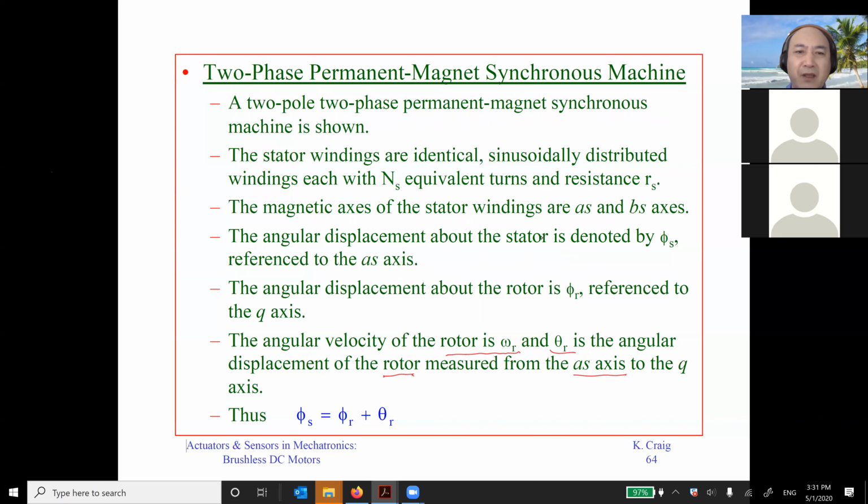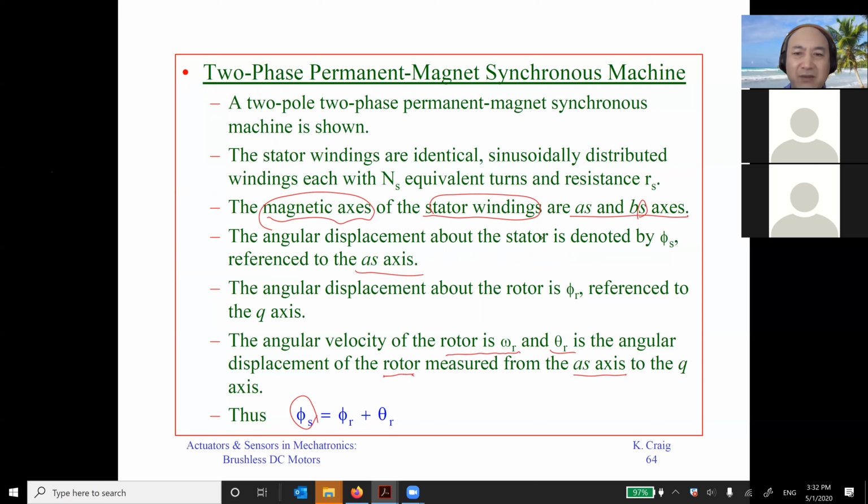The magnetic axis for the stator winding will have AS, BS, where S stands for stator. The angular displacement about the stator is phi S, with reference to the AS axis.